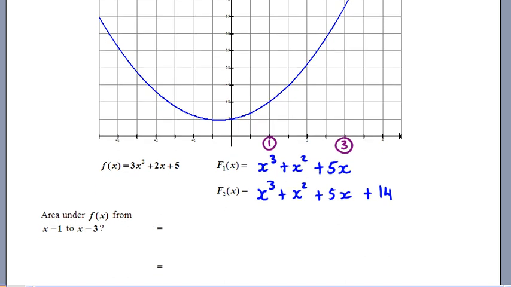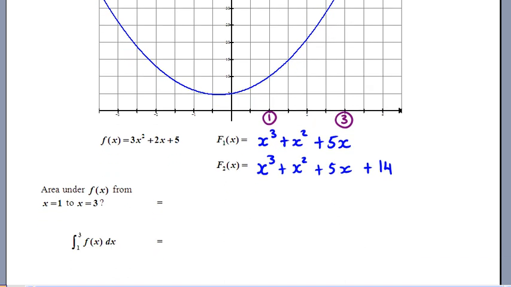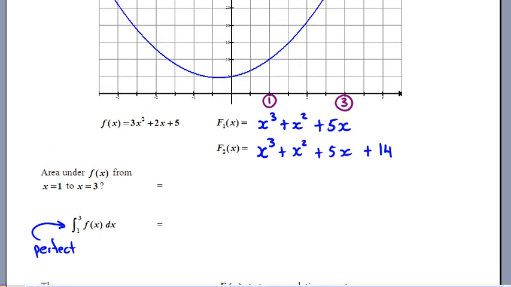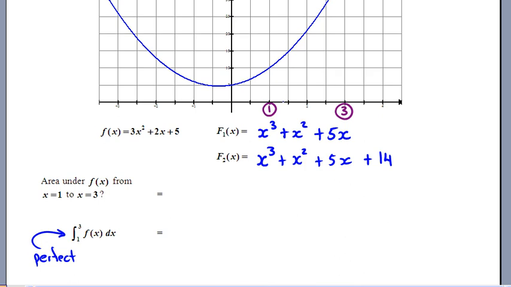My plan, if I want to try to find the perfect area under the graph from 1 to 3, which is what this symbolism is right here, right? This means do it perfectly, get it exactly right. We'll do this Riemann sum taken to the limit, doing this definite integration. What I'm going to do is say, look, I know you only want to go from 1 to 3.